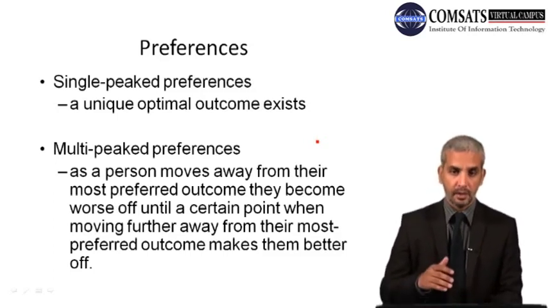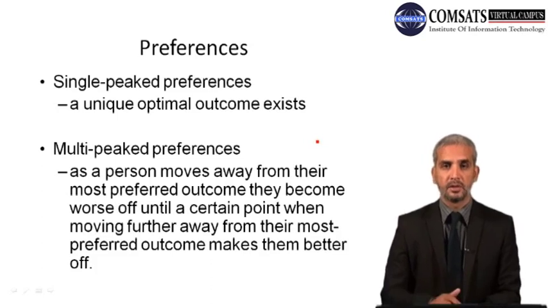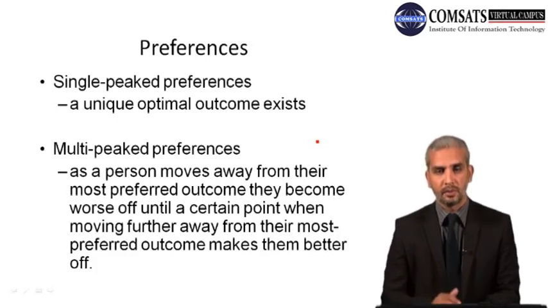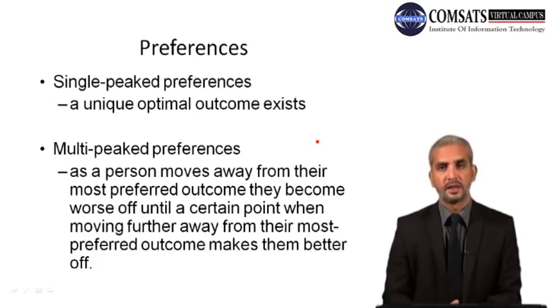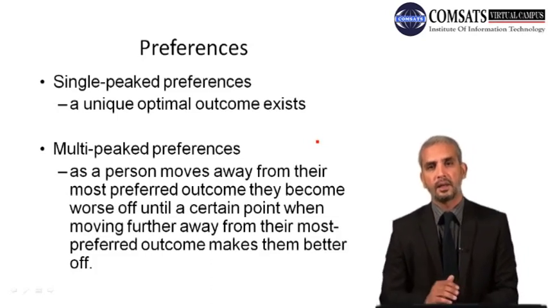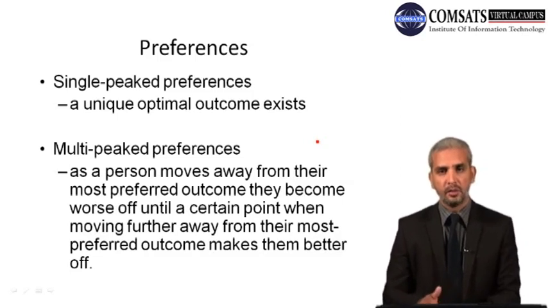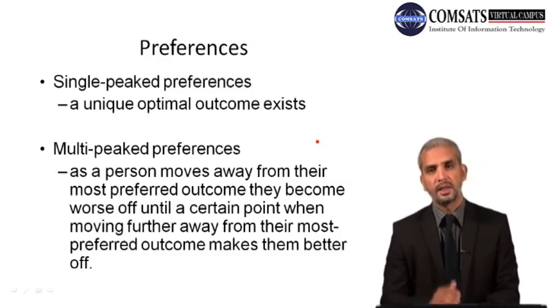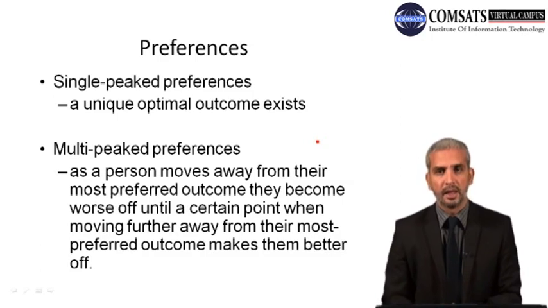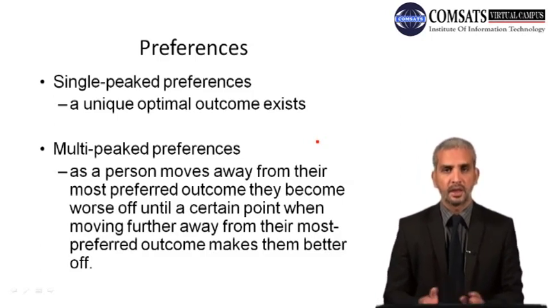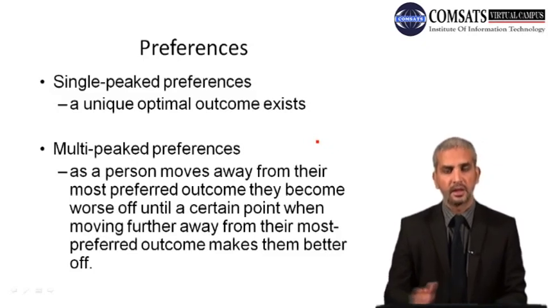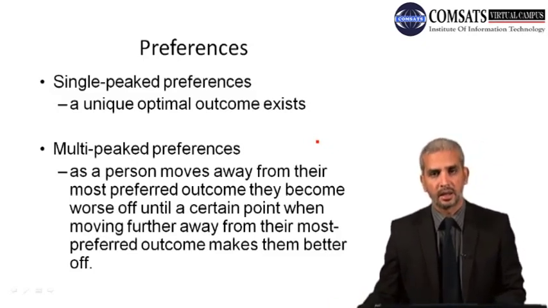But then why is it multiple peaked? Because the further away he moves from that first choice, he would again be better off. For example, in B's case, the further away he moves from 1, he is better off at 3 again. So the issue is that at the two extremes, the individual is much better off than in a certain central condition.